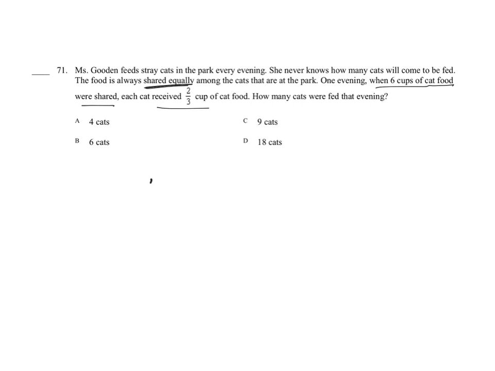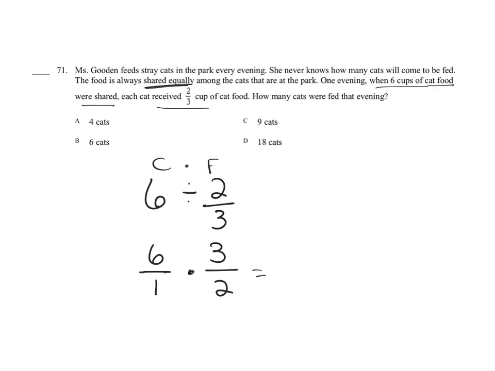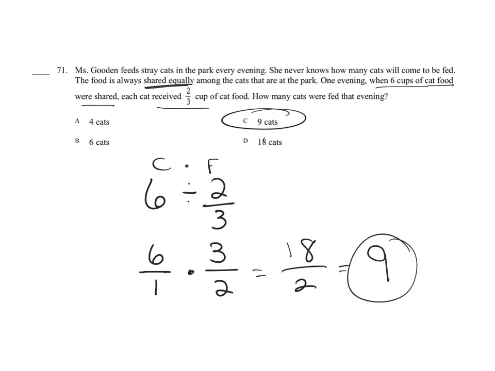So you could think of this as 6 cups divided by 2/3 because that's how many they're sharing. So 6 over 1 times 3/2, because you do copy, dot, flip, gives me 18/2, which is 9 cats. So she fed 9 cats.